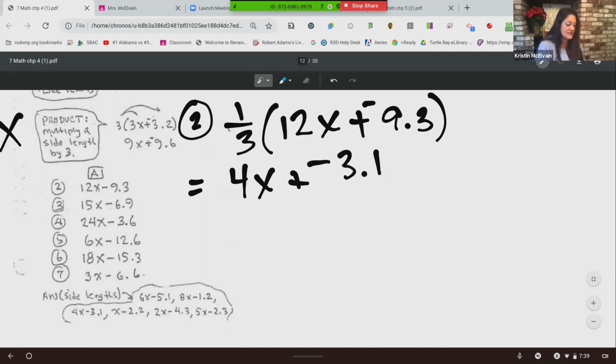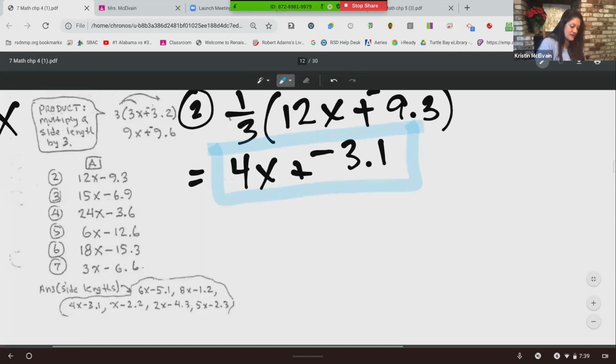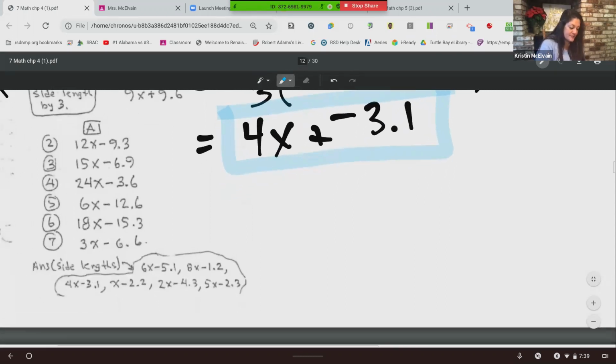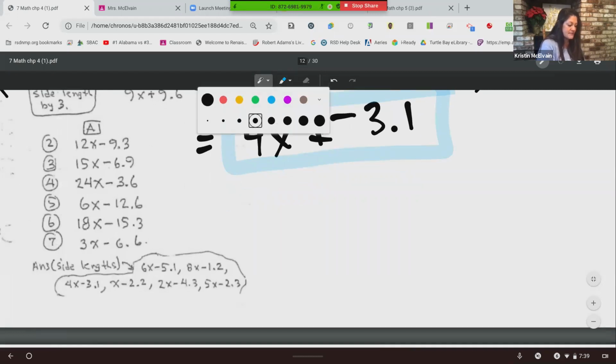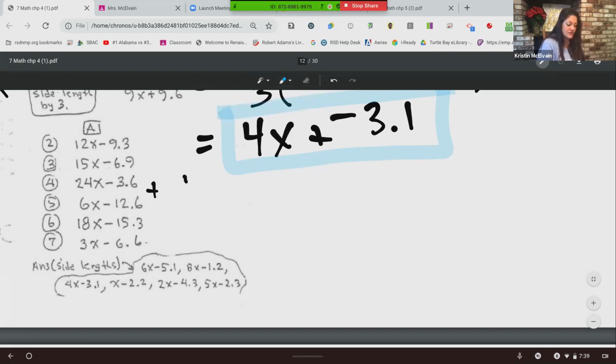So that is what we are going to be adding and multiplying. For the repeated addition, we're just going to show 4x plus negative 3.1. We did it 3 times.